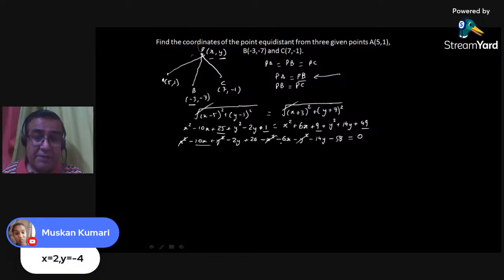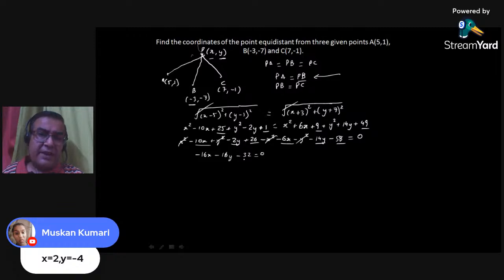Minus 10x and minus 6x can be combined to make minus 16x, and minus 2y minus 14y can again be combined to make minus 16y, and plus 26 minus 58 should be equal to minus 32. That should be equal to 0.